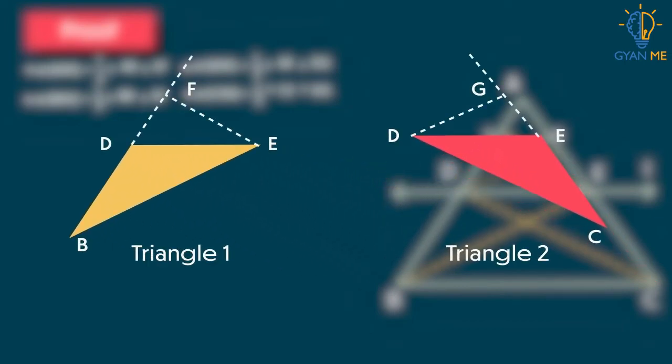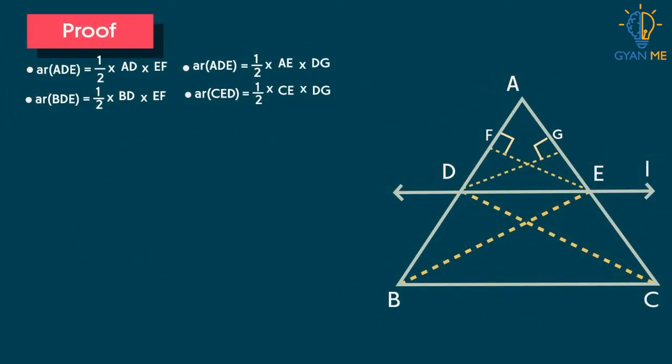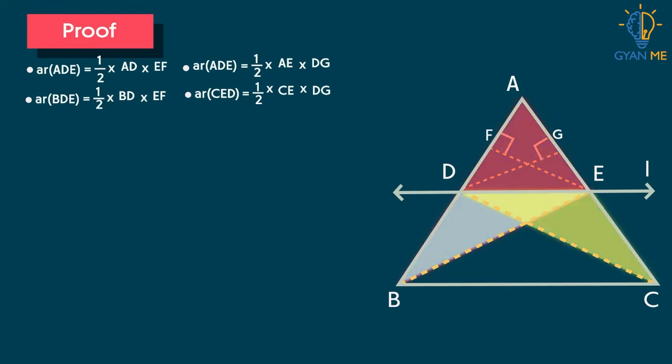For these triangles, EF and DG are perpendiculars, which give their heights. Students, we want to prove that the ratio of sides are equal. So what do we do? Yes, simple. We take the ratio of areas of the respective triangles.